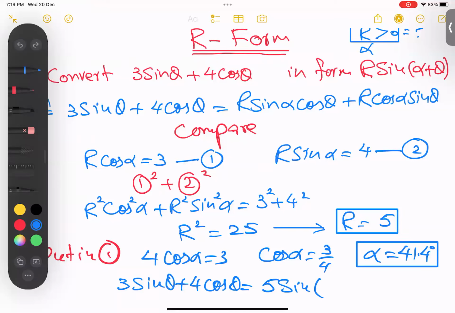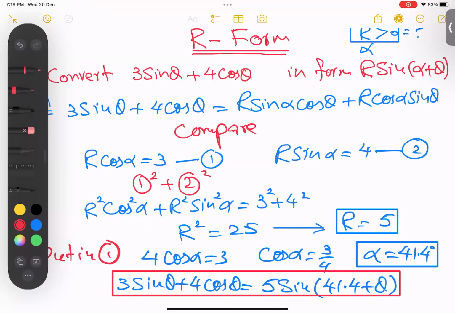Sometimes theta before, after, no problem at all. I'm writing 41.4 plus theta, and I believe this point is very, very clear and the R form is completely over. So I believe you got the idea and let's have some practice.